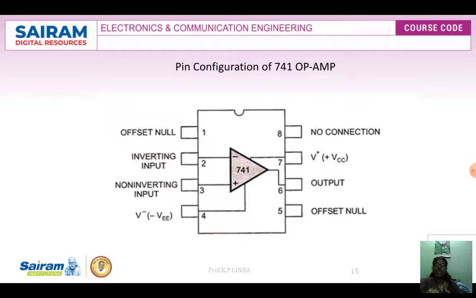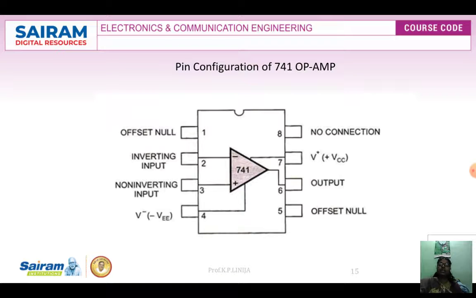If you give the exact connections to the input terminals as well as the output terminal and supply voltages, then whatever applications we studied in the first class, the op-amp can act as a subtractor, adder, integrator, differentiator, and so on. According to the application, the proper connection has to be given so that we get the required output.